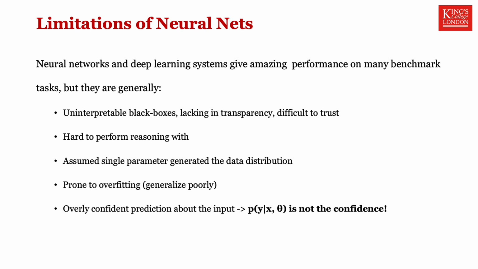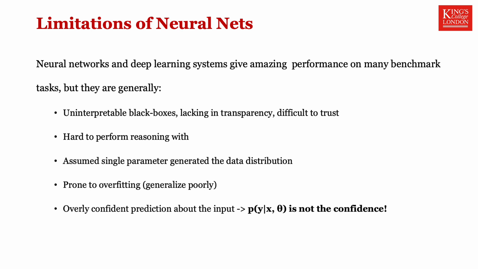We don't really understand well what the parameters mean, and because we are only estimating point samples rather than uncertainty or distributions of predictions, it becomes very hard to understand if what the network is doing is correct, or if it is incorrect, why it is incorrect. It's also hard to perform reasoning with these networks because they're not really learning causal pathways. They're just projecting input images or input data into output space.